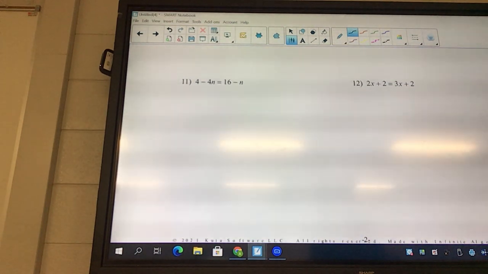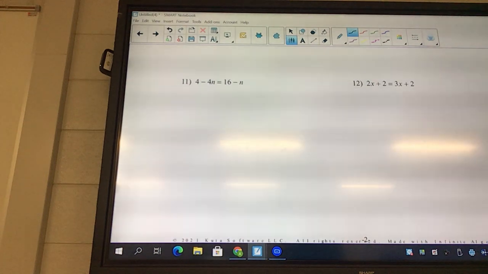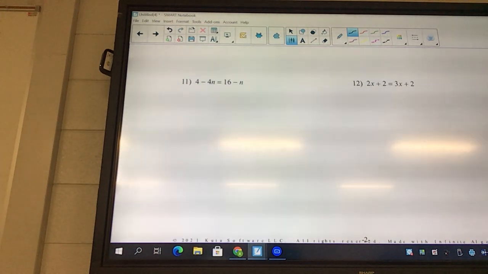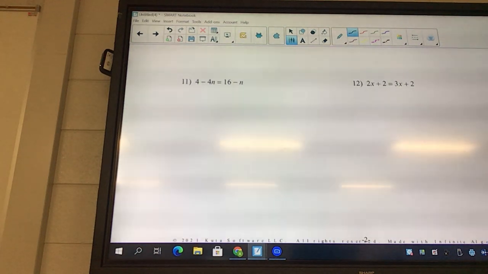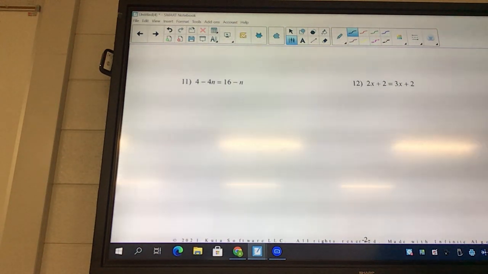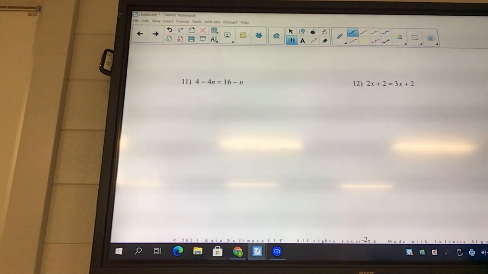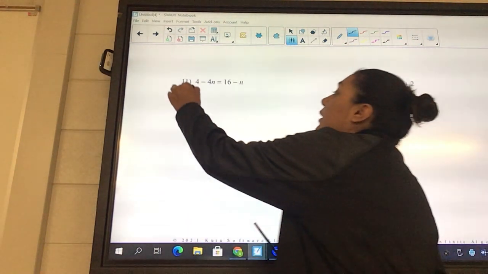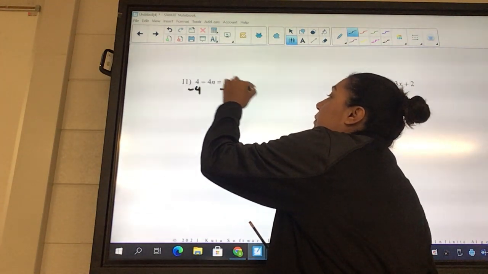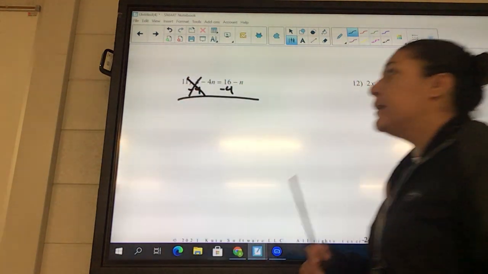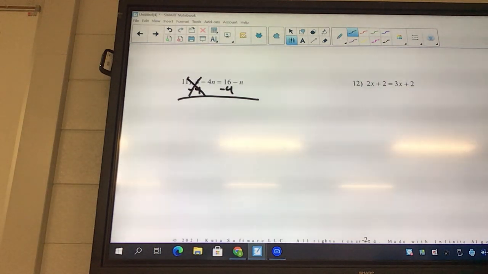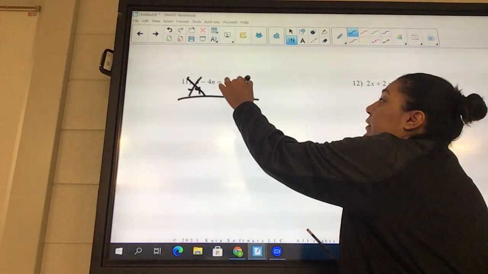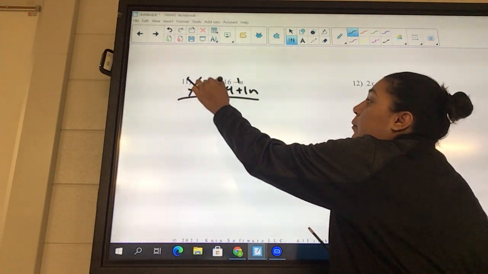Okay, so 11. Is there anything for us to combine? No. Okay, now what needs moved? The 4? So we're going to say minus 4, minus 4. What else needs moved? The n needs moved, and we can put a 1 in front of this n, so we're going to say plus 1n, plus 1n.